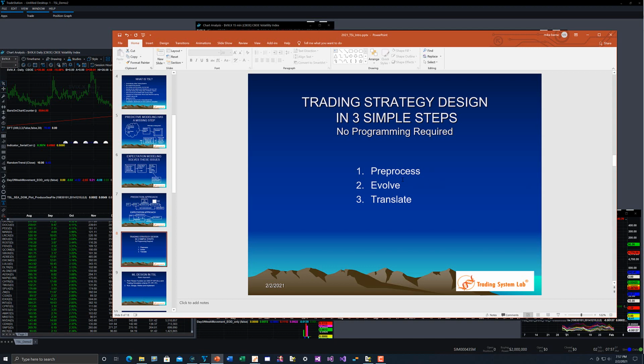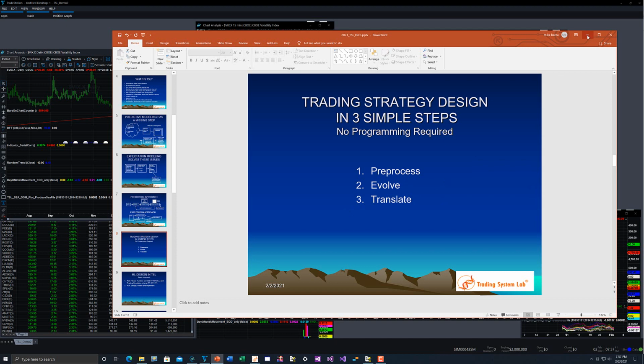These are all part of the pre-processing technique that's done for you automatically, so you don't have to write any pre-processing code or try to figure out what are the best preprocessors to use. We have many different preprocessors that work over many different markets, and they're completely customizable. Step number 2 is to evolve the trading strategy using Trading System Lab's linear automatic induction of machine code with genetic programming connected simulation engine, and then finally translate and implement that code.